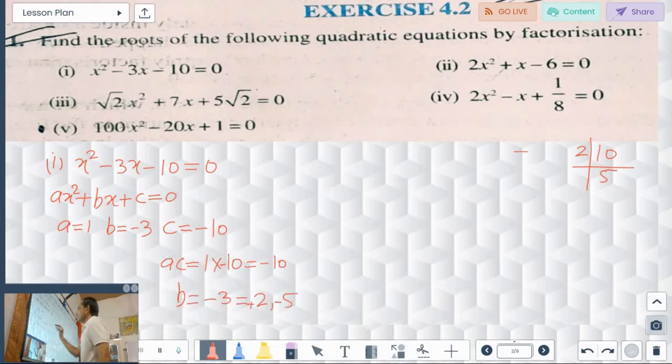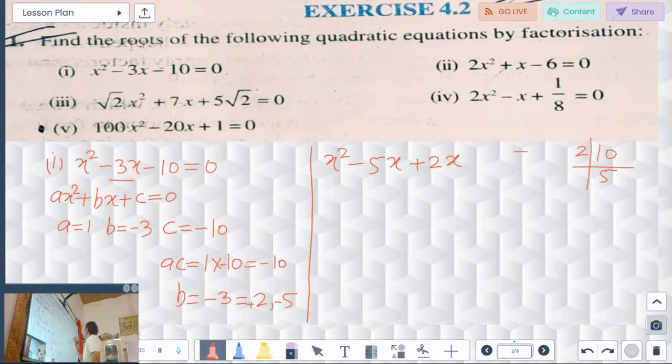Now we can calculate. We put here x square minus 5x plus 2x minus 10 equal to 0. x is common, x minus 5, plus 2 is common, x minus 5 equal to 0.